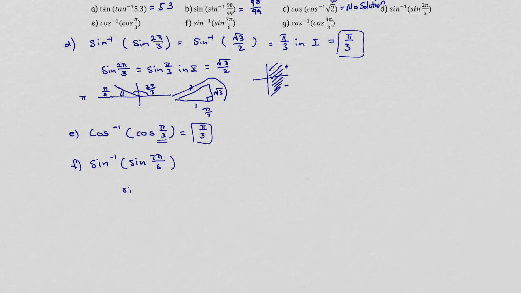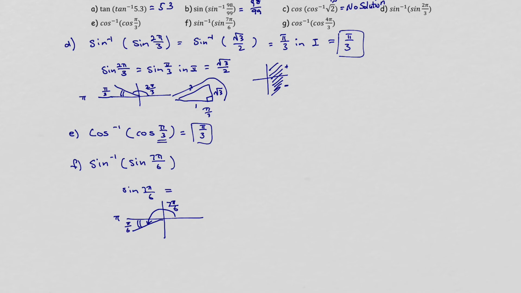So sine 7 pi over 6. Let's see if we can graph that. That will be pi over 6 more from pi, right? So this is going to be a reference angle, which is going to be pi over 6.